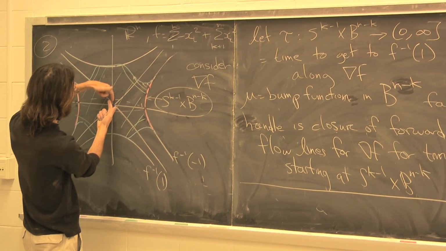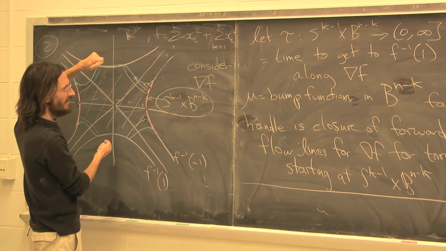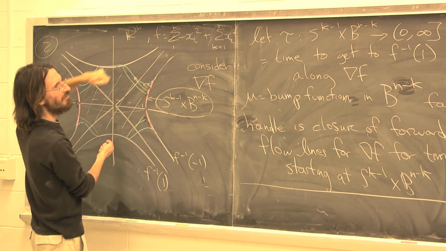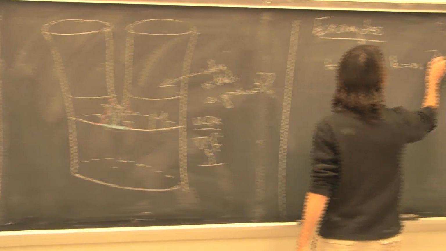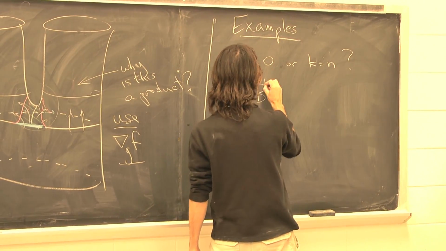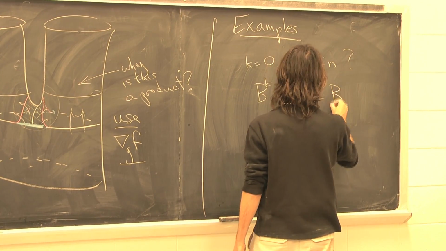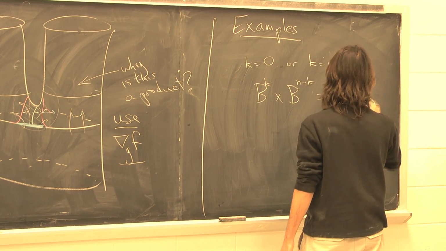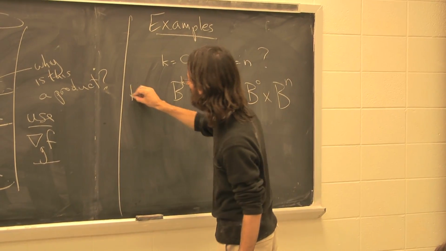And so all it means is that everything's increasing in this direction. What about B^k cross B^(n-k)? That's just B^0 cross B^n, right? In the case where k equals 0.